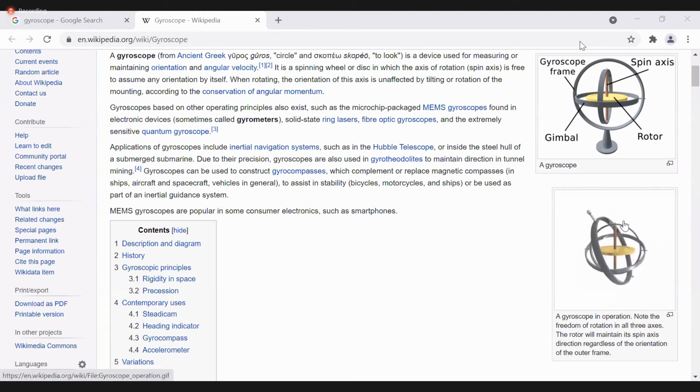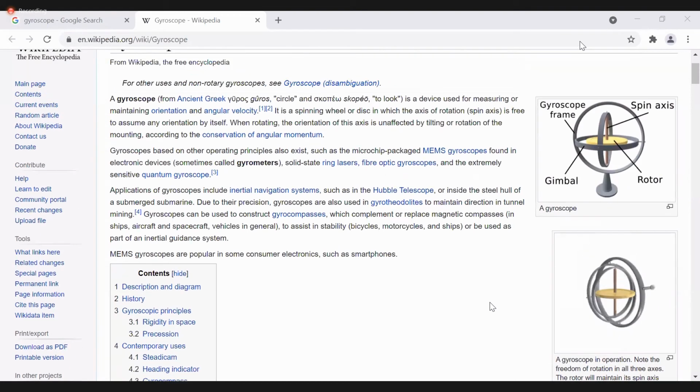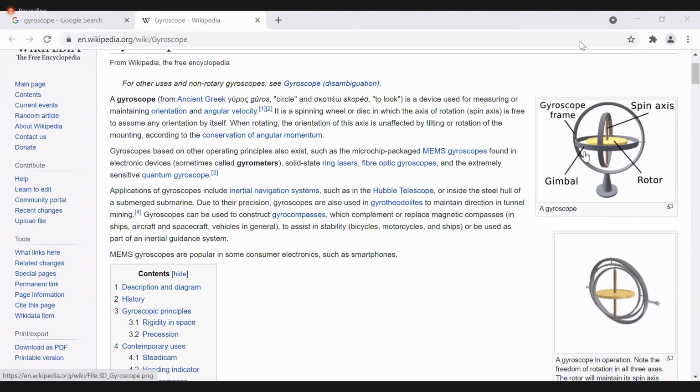See here we have a gyroscope. We can estimate angular velocity or angular inclination in three directions. This middle one is called the spin axis, and the yellow color is called the rotor.